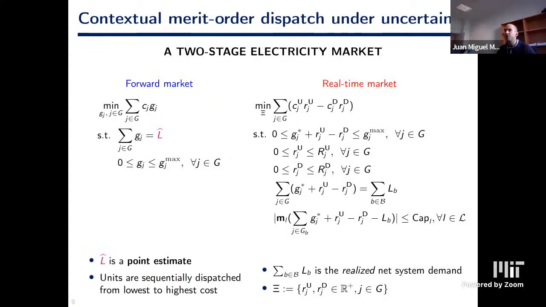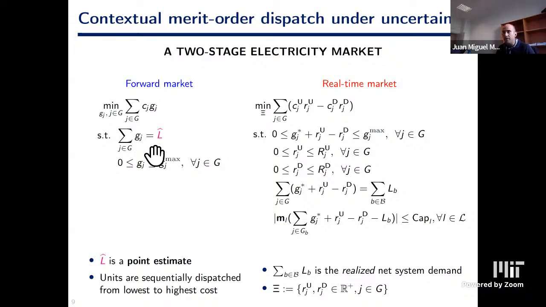I have called this first illustrative example contextual merit order dispatch under uncertainty. Suppose that we have a classical two-stage electricity market comprising a forward market followed by a real-time reoptimization phase. Our forward market is going to be very simple. It is just a merit order dispatch based on marginal production cost. So we have a set G of generating units whose forward dispatch is denoted by g_j, with marginal cost c_j and maximum capacity g_j max.